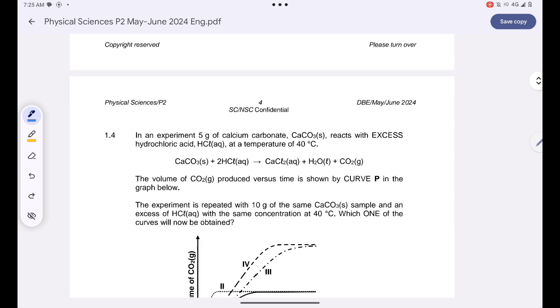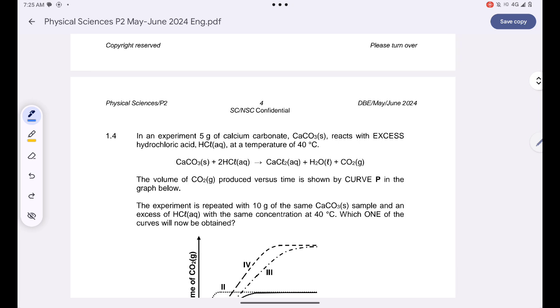In an experiment, 5 grams of calcium carbonate reacts with excess hydrochloric acid at a temperature of 40 degrees Celsius. We are given the reaction: the reactants are calcium carbonate and hydrochloric acid, which is in excess. They both give us calcium chloride, water, and carbon dioxide gas.